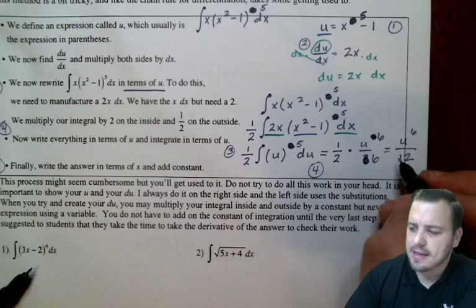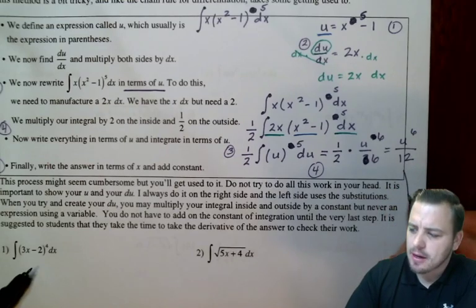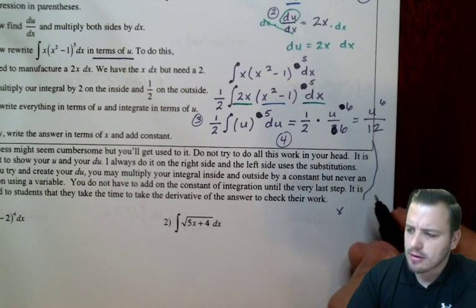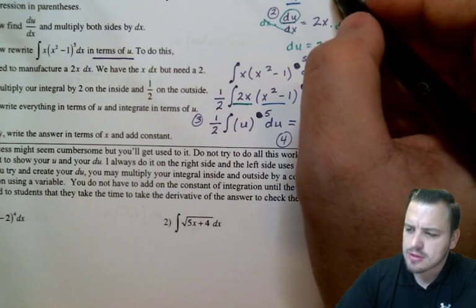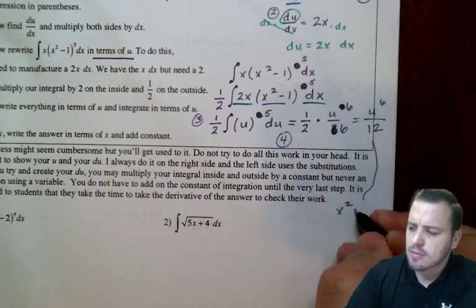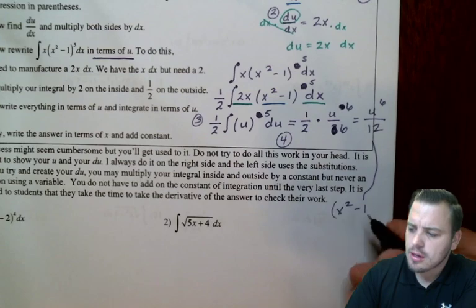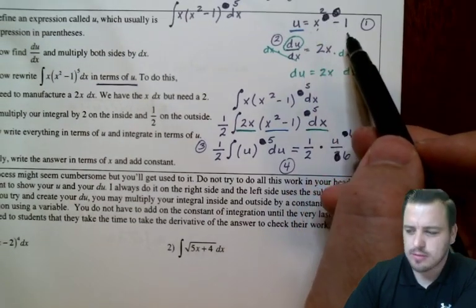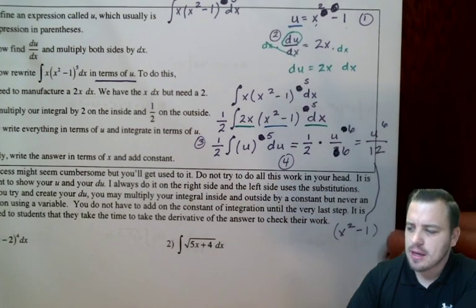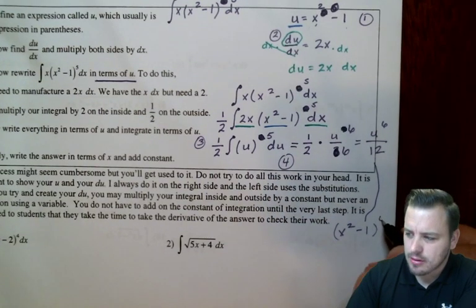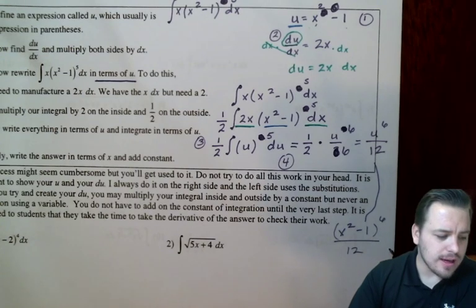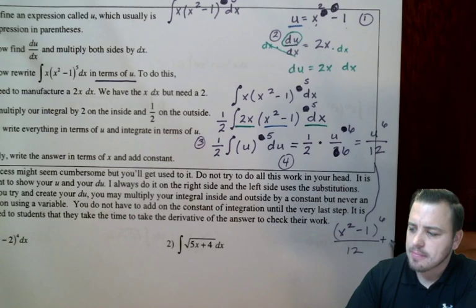So that would be x squared, I'm sorry, that would still be a 2 there, x squared minus 1, because that's what u is. The 5 was on the outside, to the 6th power all over 12. And then don't forget about your plus c.